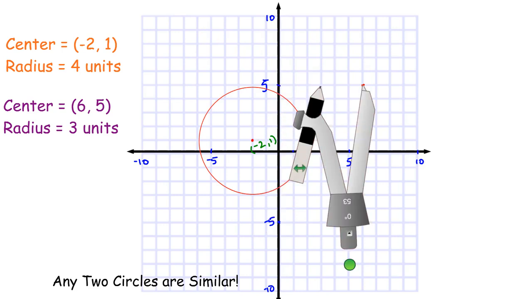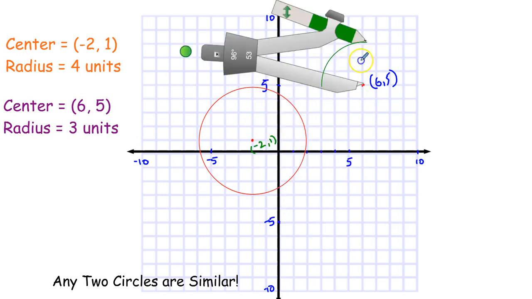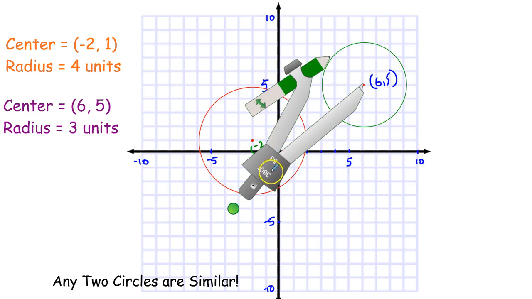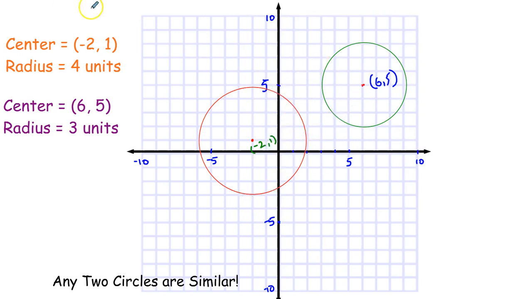Now you are at 6, 5, the center, and the radius is 1, 2, and 3. So we have the specifications. Now just draw a circle again. This is the second circle we have, with a center at 6, 5 and a radius of 3 units. You can see 3 above, 3 below, and everywhere 3 units.